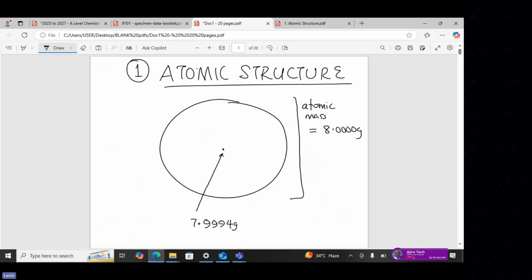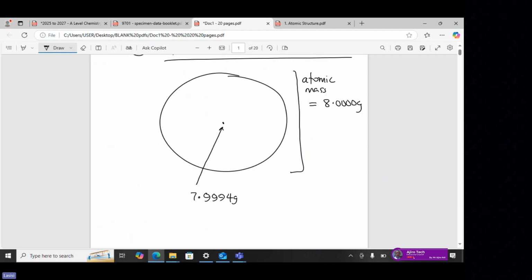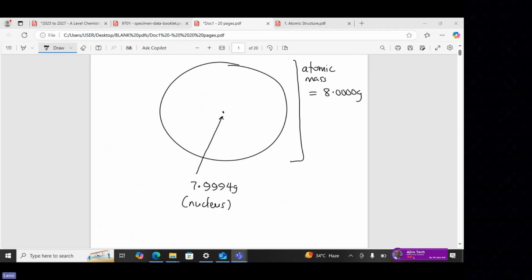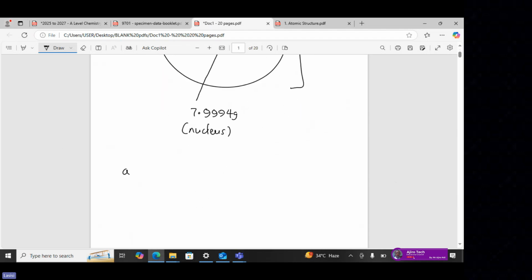What does this imply? The mass of the nucleus, this guy in the center, is a nucleus. Remember, the atom contains the nucleus and the shell, which houses the electrons.